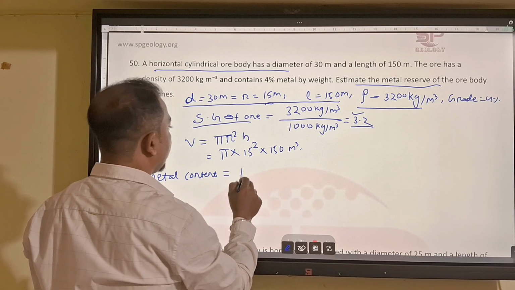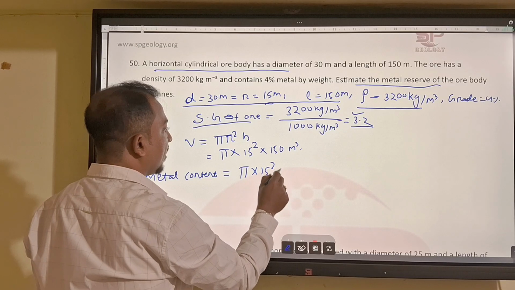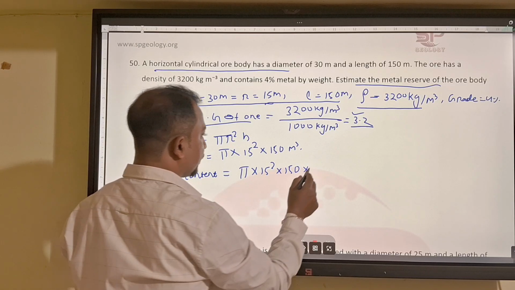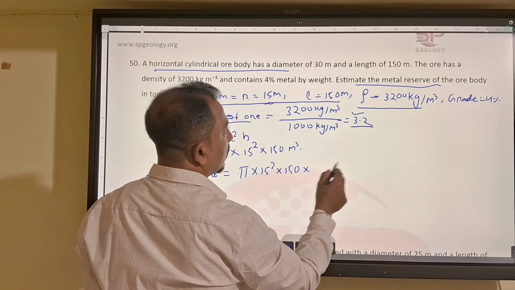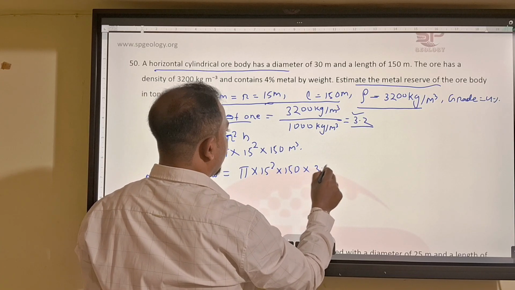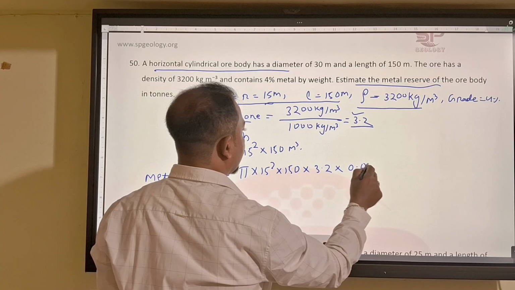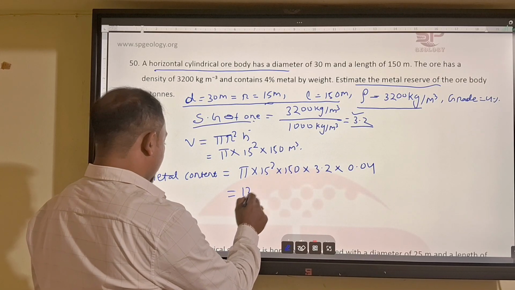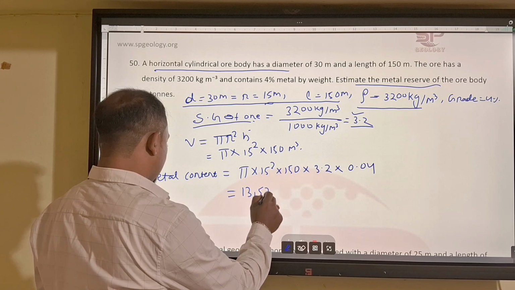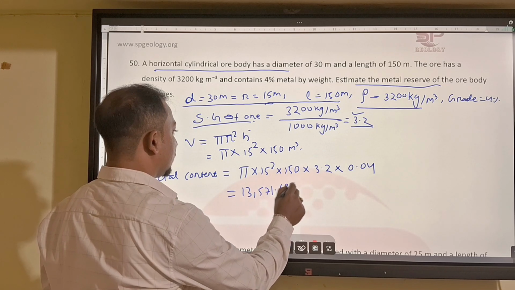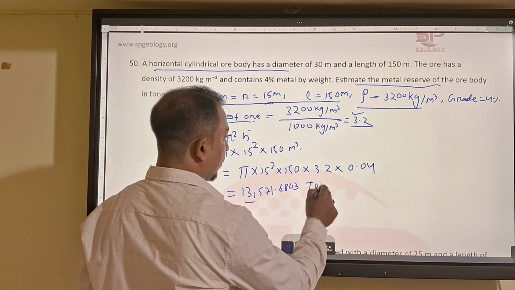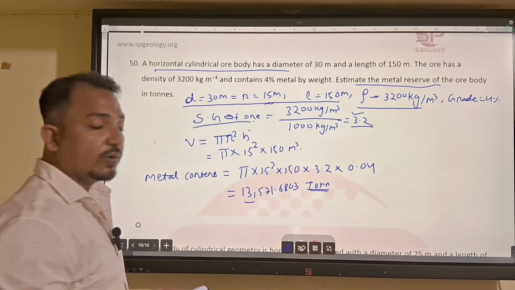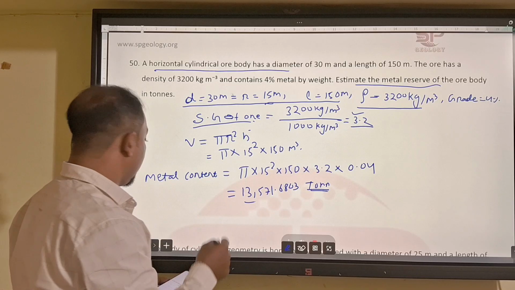It will be volume, pi into 15 square into 150, into 3.2 into 0.04. So the answer will be 13,571.6803. This answer will automatically be in ton, because if you take specific gravity, the answer is automatically calculated in ton.